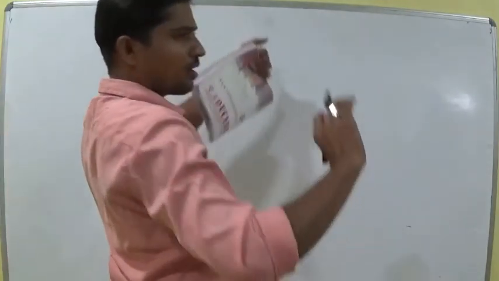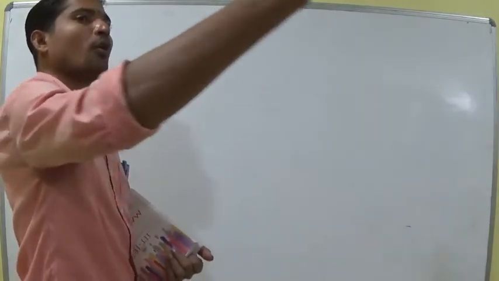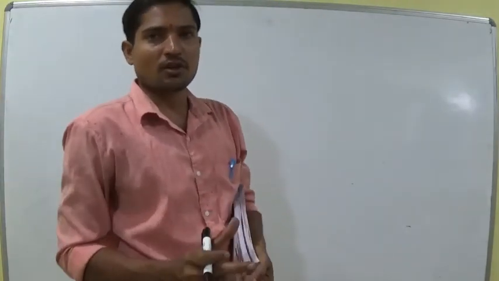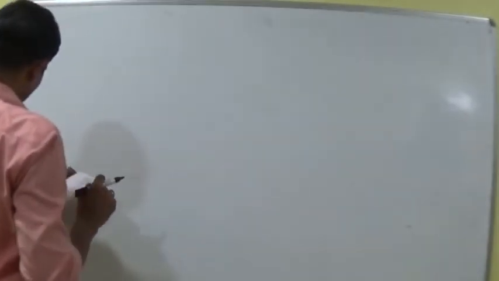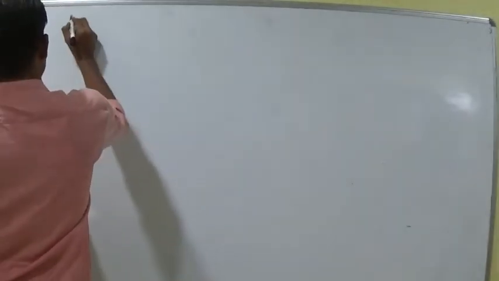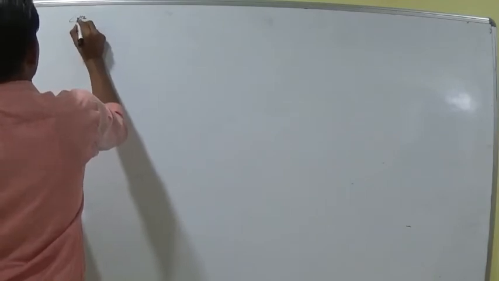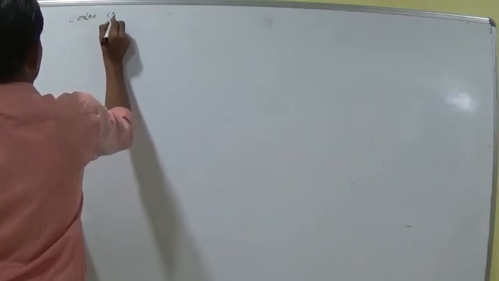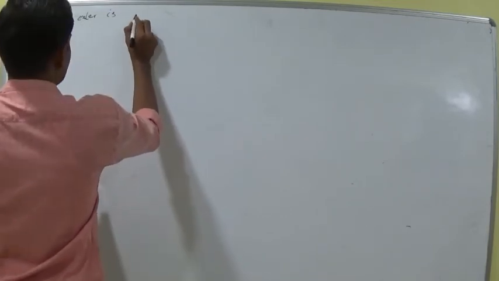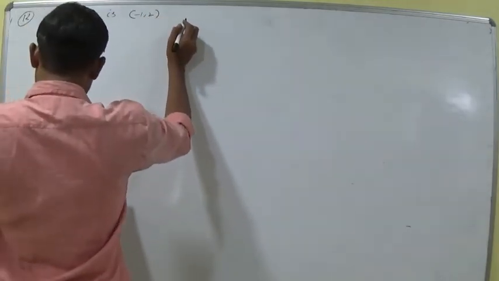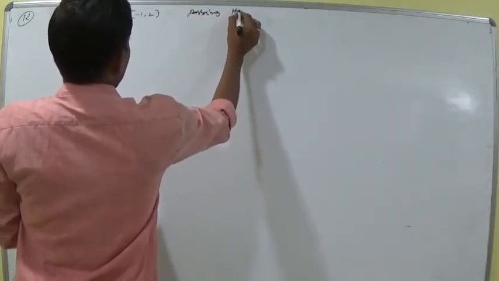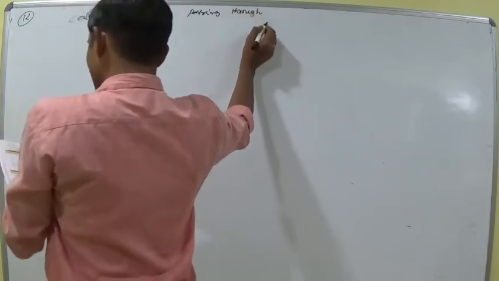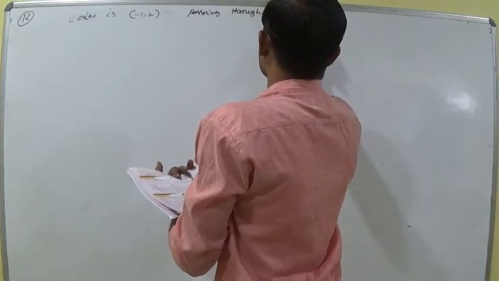I mean to say, from center to any point on a circle is called the radius of a circle. 12th one, center is -1 comma 2 and passing through the point 5 comma 6.